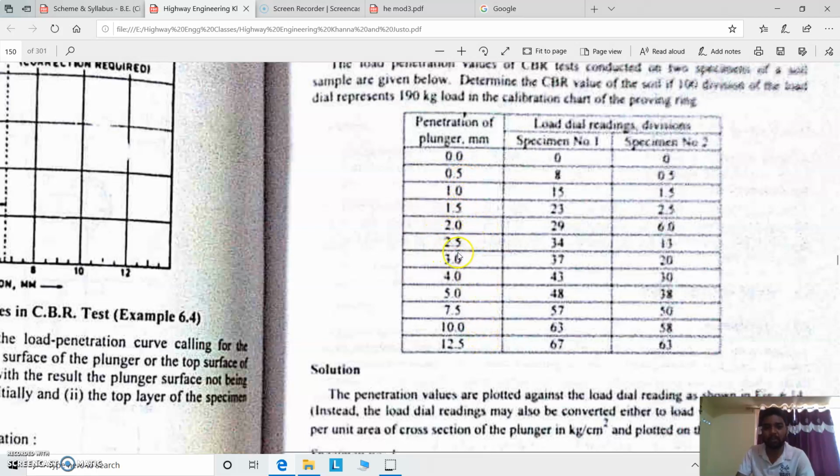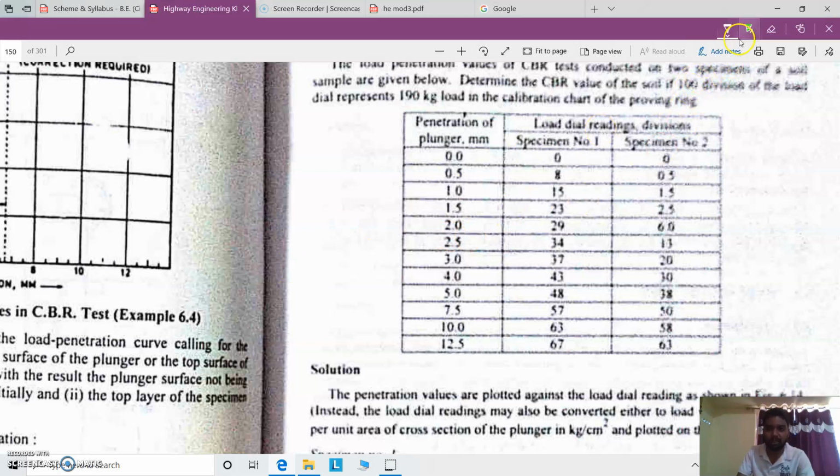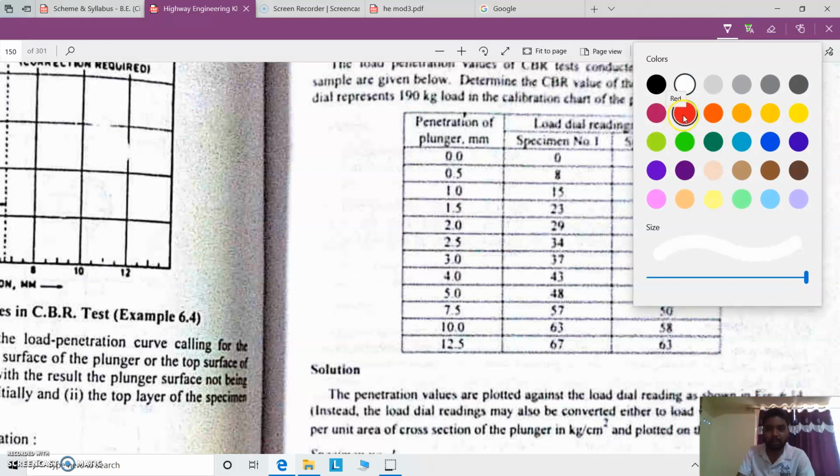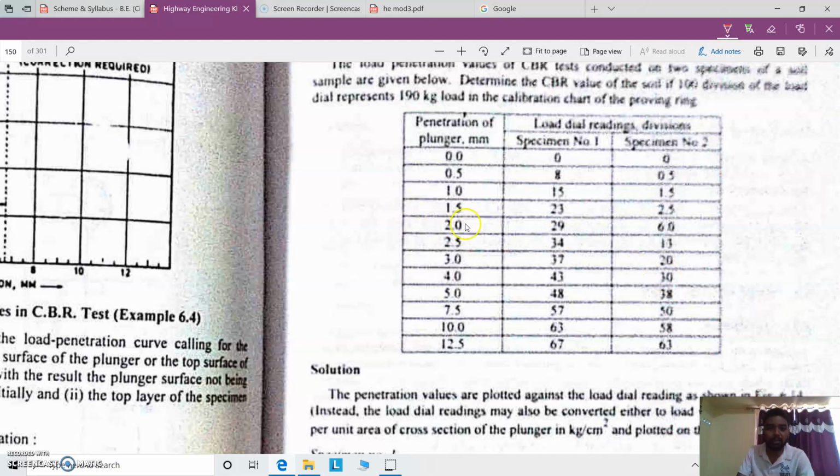We just have to pick up the 2.5 mm and 5 mm penetration, and I discussed in the previous video lecture how much value is to be considered for the penetration check. For this 2.5 mm penetration I will start doing the first specimen, and later specimen 2.